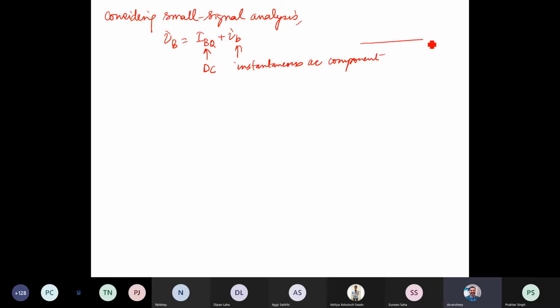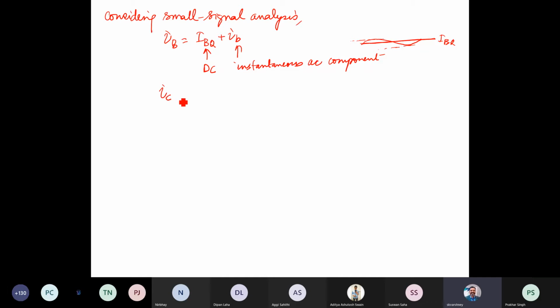So if your DC is, let's say, IBQ, then on top of this a time varying component is added, which might be the small IB. If there is a time varying component added into the base current, this will also add a time varying component to the collector current.